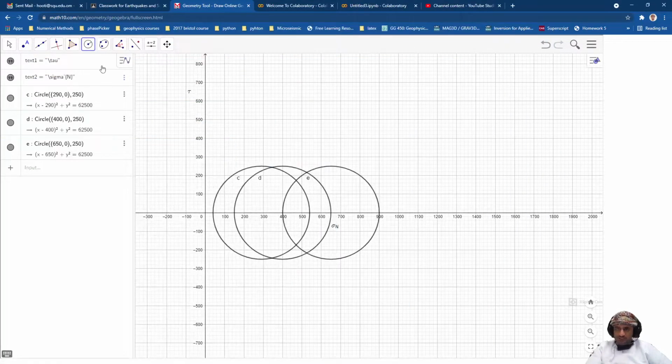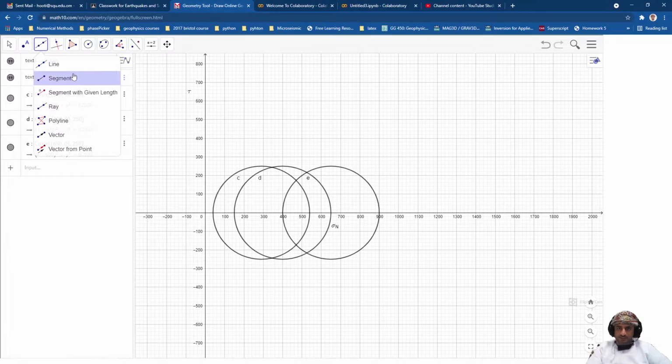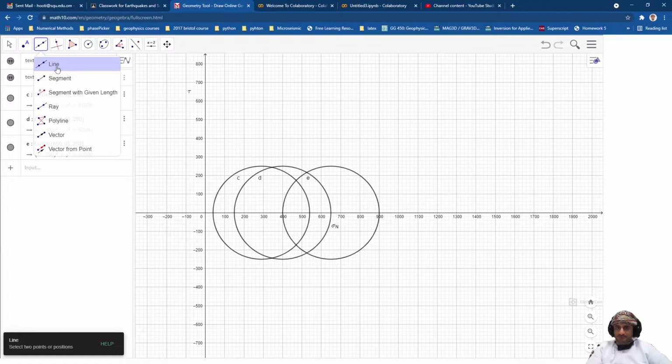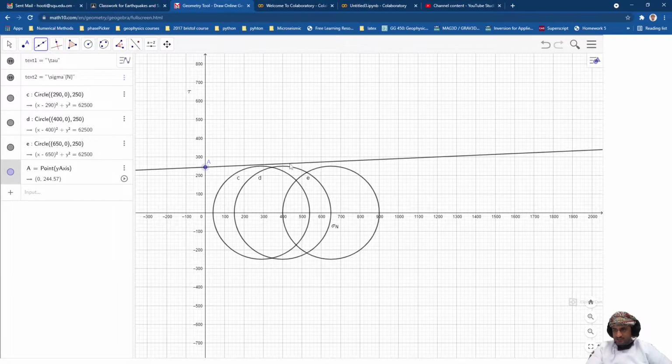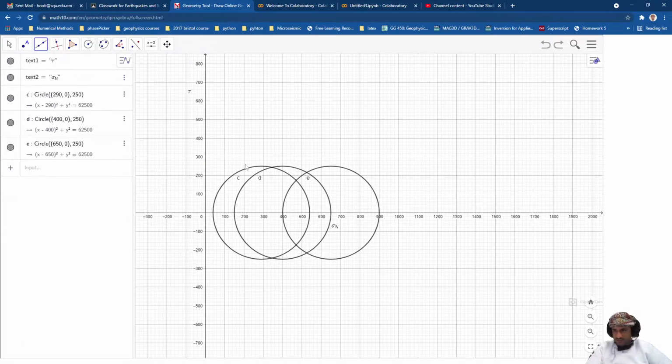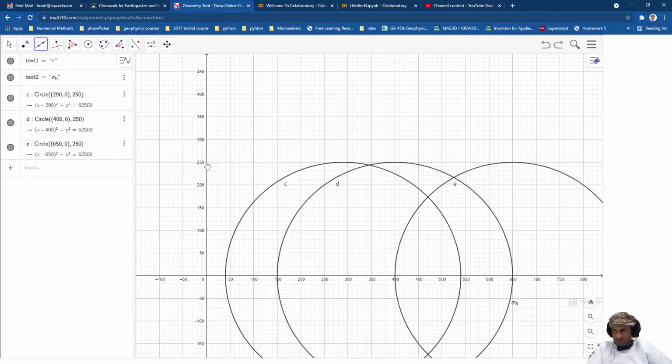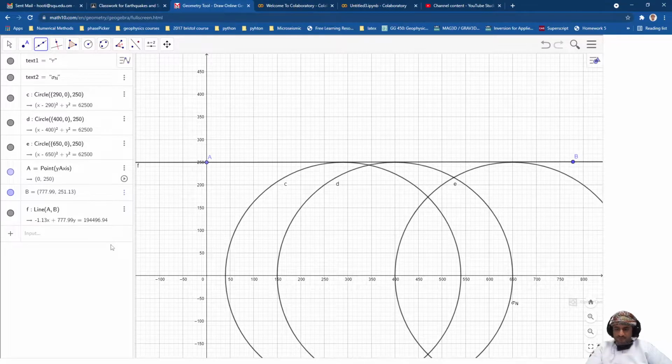How to draw it? Just draw a line. That's the line. I draw this line, I try to make it as best I can. It's 250 exactly. Let me see where 250 is. Yes, that's the line.